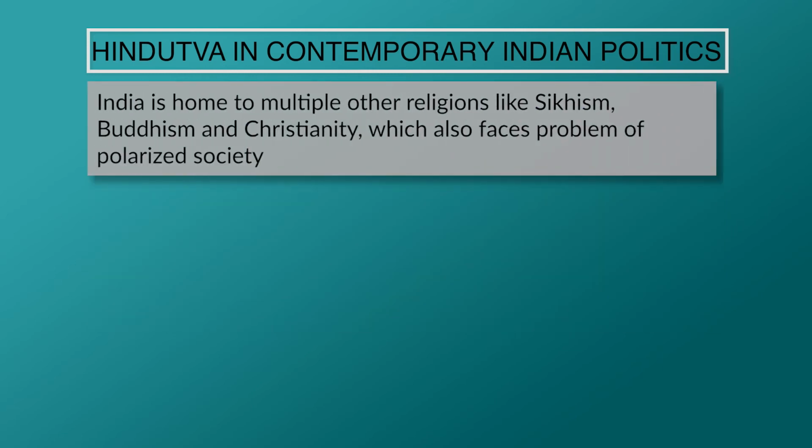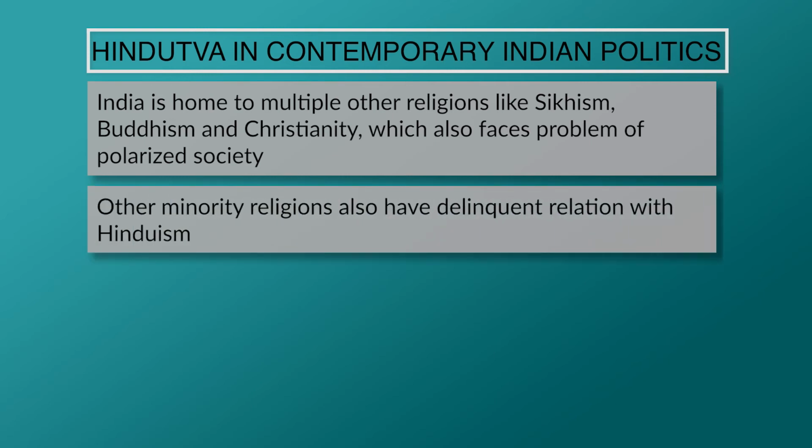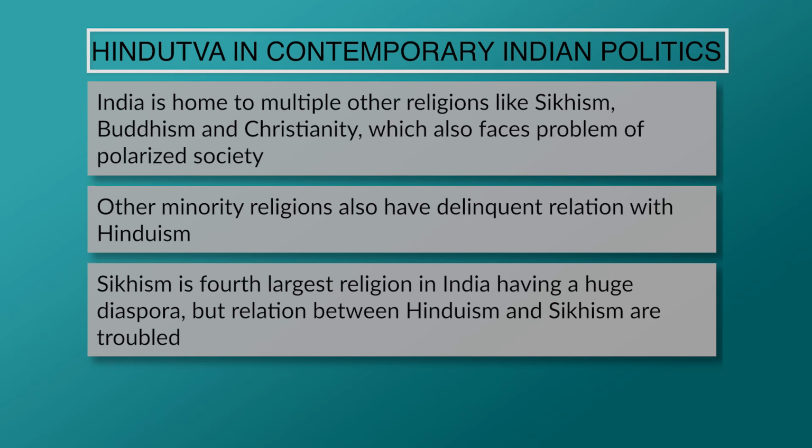India is home to multiple other religions like Sikhism, Buddhism, and Christianity, which also face the problem of a polarized society. Other minority religions also have a troubled relationship with Hinduism. Sikhism, the fourth largest religion in India, having a huge diaspora, but relations between Hinduism and Sikhism are also troubled.